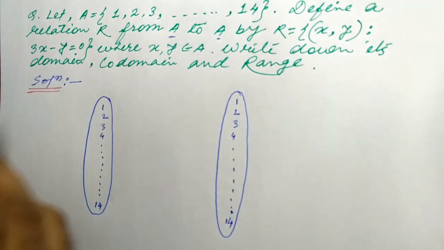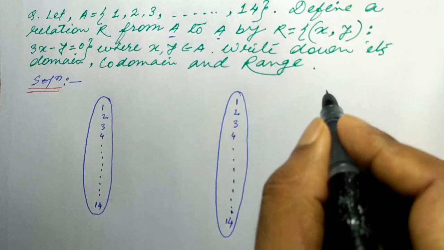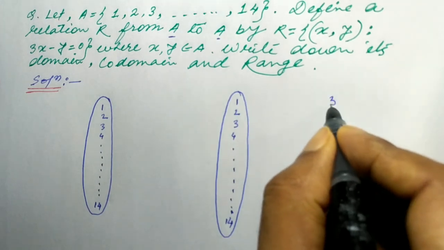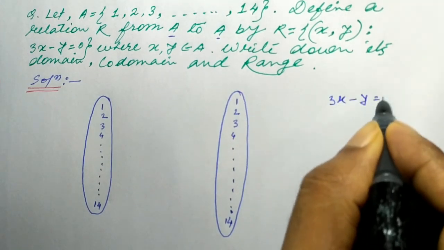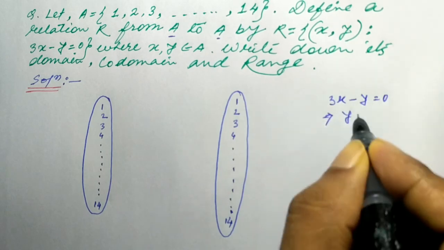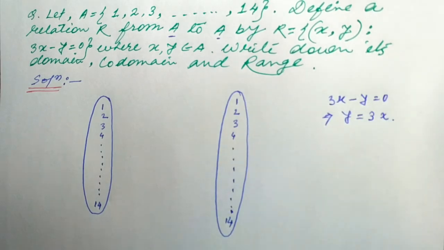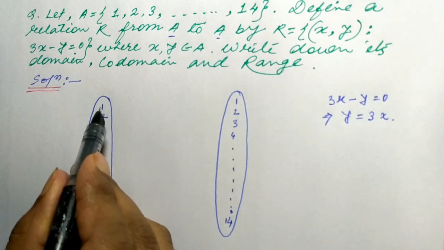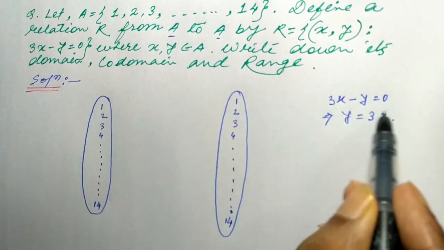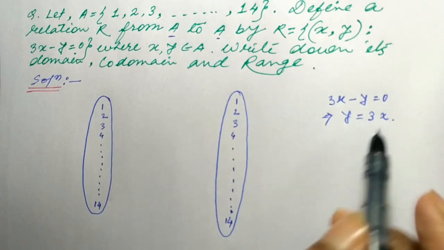From here we can evaluate: 3x minus y equal to 0, that means y equal to 3x. Clear? If we put x equal to 1, then y becomes 3.